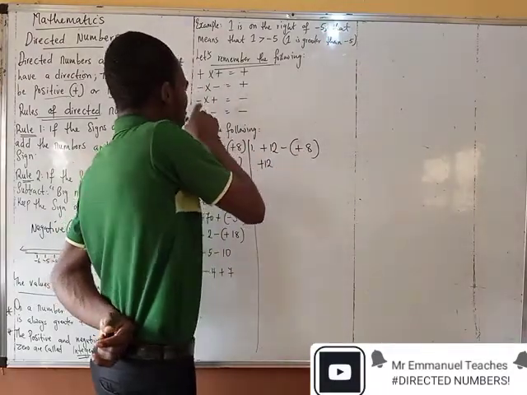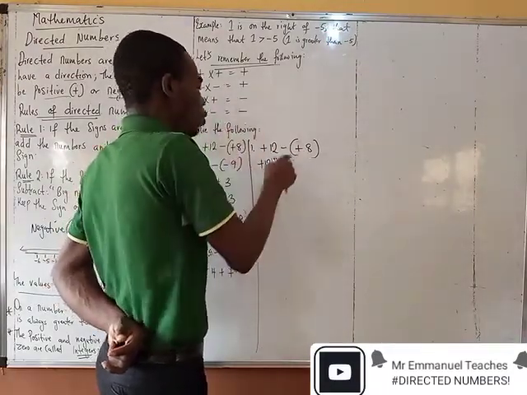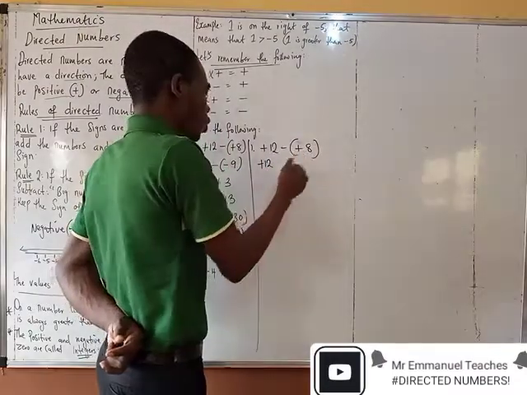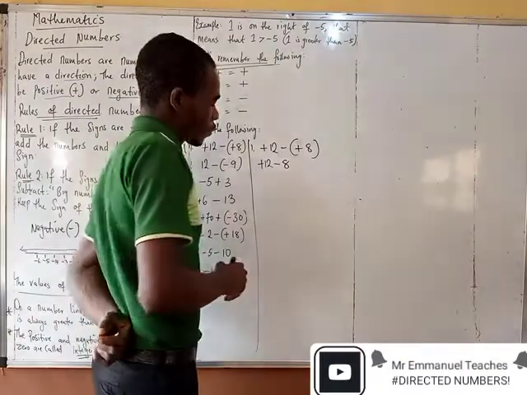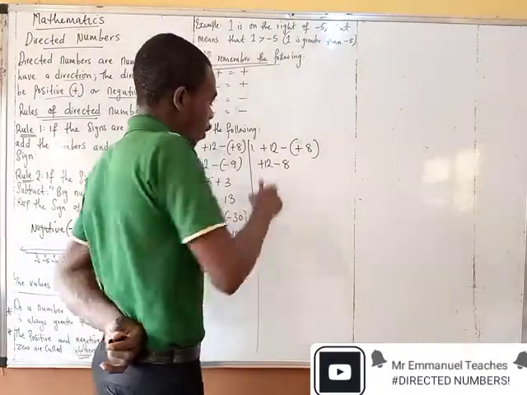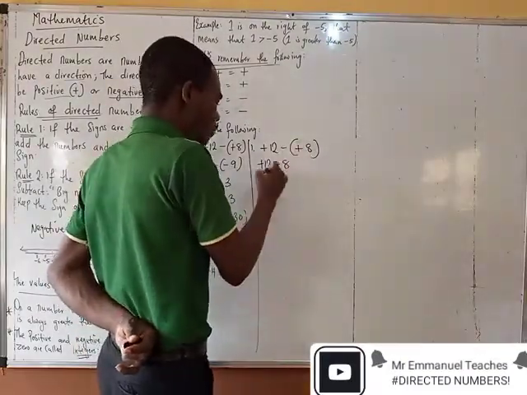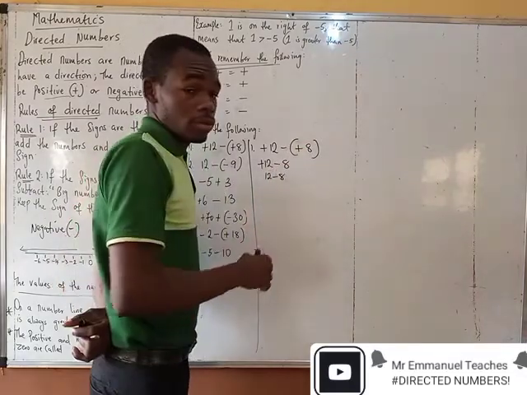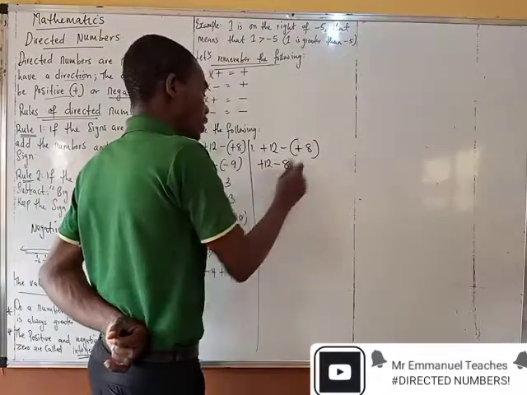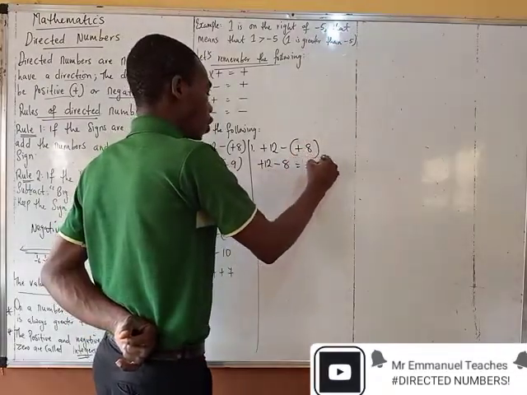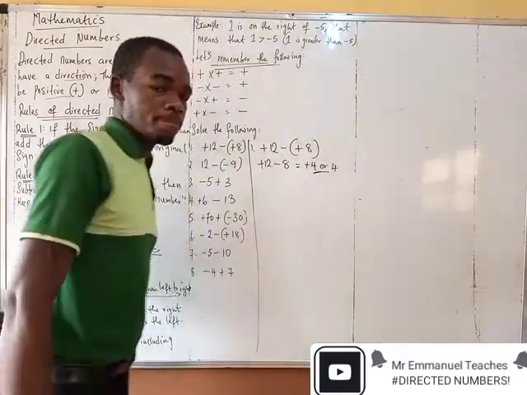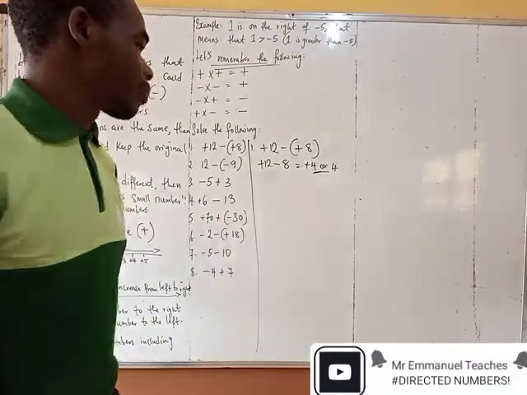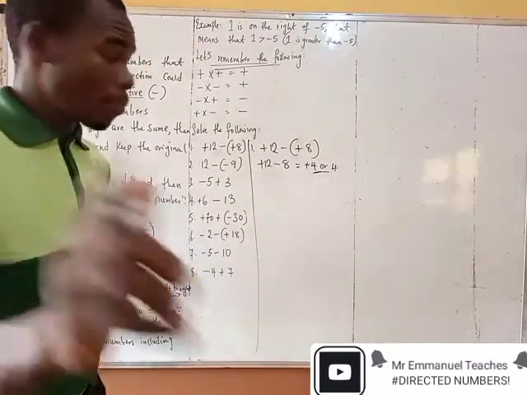According to our sign, minus times plus is minus. So this minus times this plus will give you minus 8. Are you with me? So plus 12 minus 8 simply means 12 minus 8, which is plus 4 or 4. Simple. That's your answer for number 1.